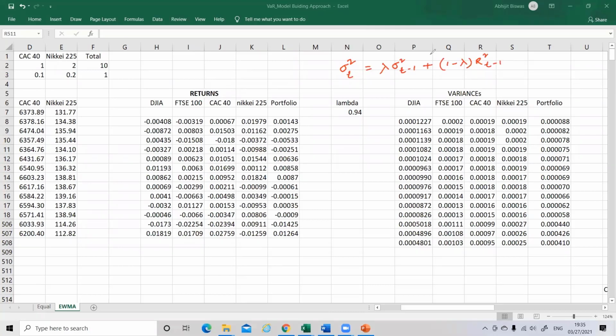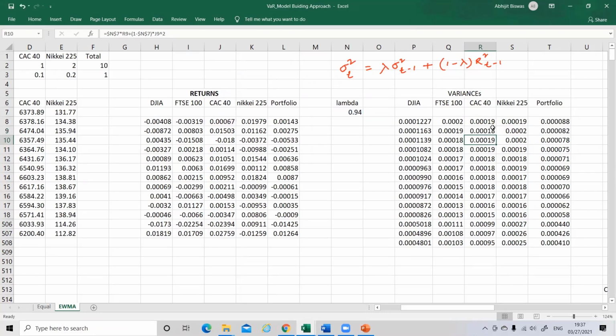Okay, this is the formula basically we are using, right? First calculate the variance for the first day using the var.p function. The next day's calculation, use the formula lambda multiplied by previous day's variance plus 1 minus lambda into previous day's squared return.